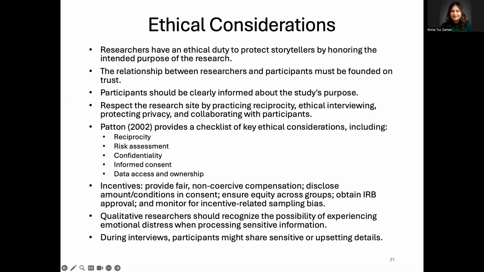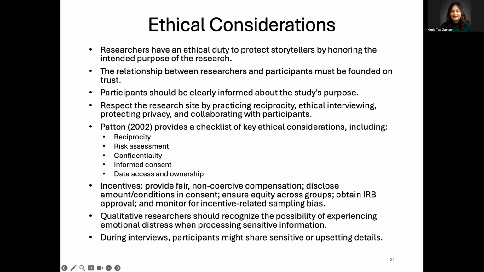Next, there are a few ethical considerations to remember. Our duty is to protect our participants and honor the study's purpose. Build a relationship on trust and clarity. Explain what the study is about, what kind of data you will collect, and how it will be used.